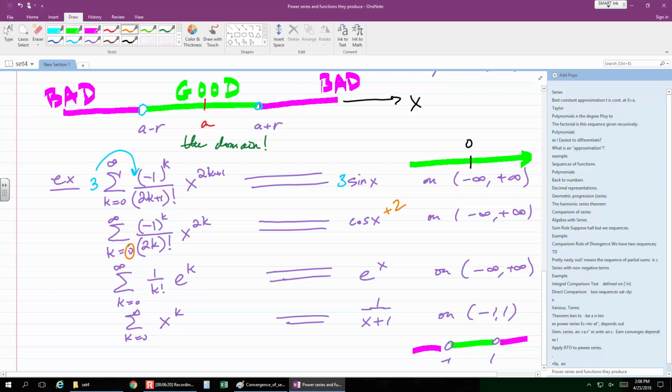The rest of them have x present and will be unaffected by adding 2. So for cosine it starts with 1. So a naught used to be 1, and it becomes 1 plus 2, which is 3. That's the only change.